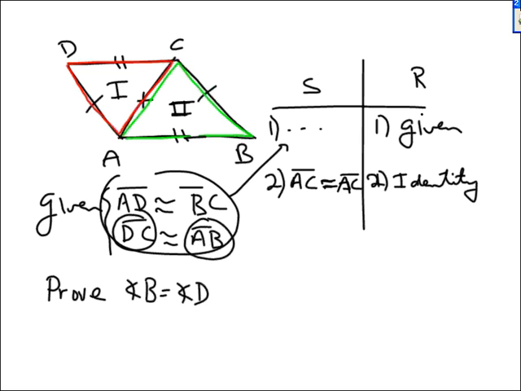Okay, so the red triangle has a side with 1 slash, a side with 2 slashes, and the side with an X. So does the green triangle. It has 1 slash, it has 2 slashes, and it has the X. These two triangles are congruent. So statement number 3 will say that triangle ADC is congruent to triangle BAC.